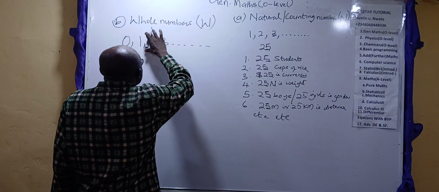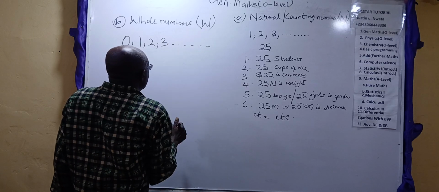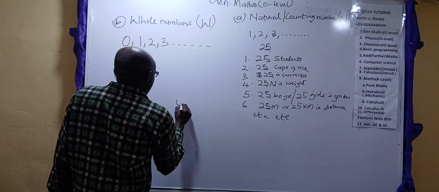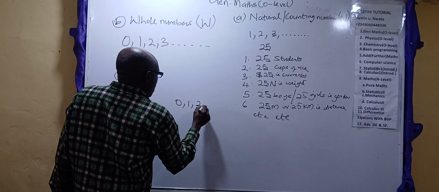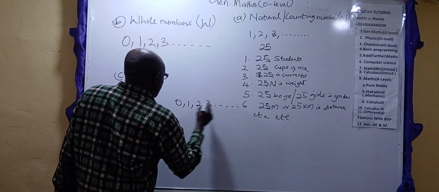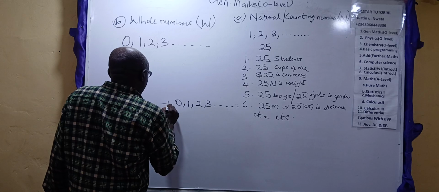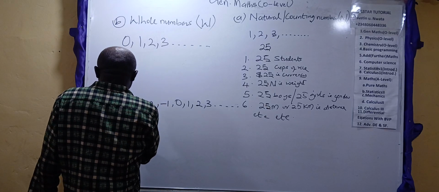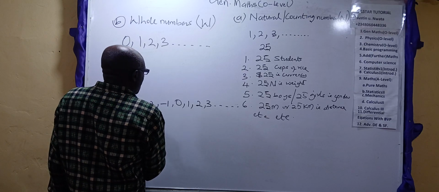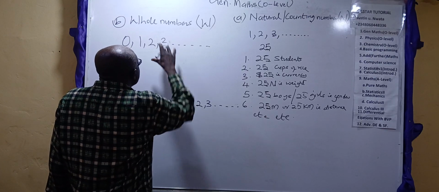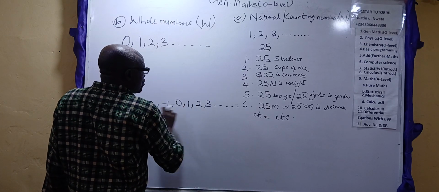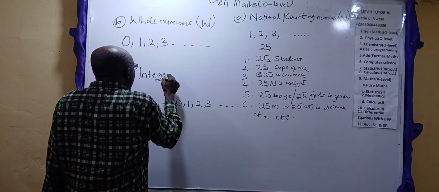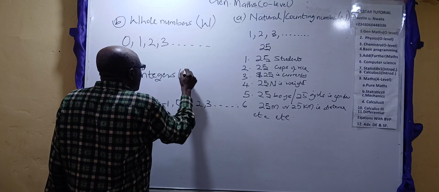Mankind now improved on these whole numbers to get something like this, continuing non-stop. When this was introduced, it was given another name called integers. Symbol, capital I.